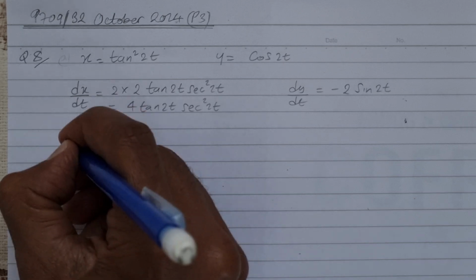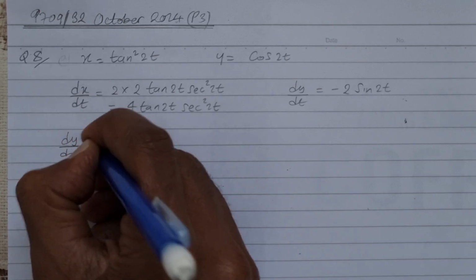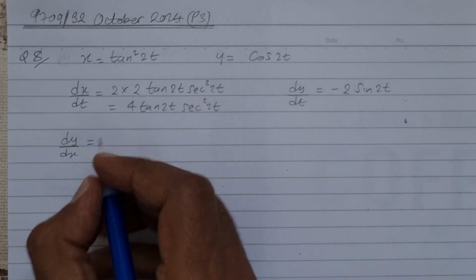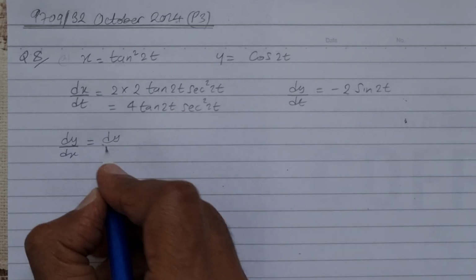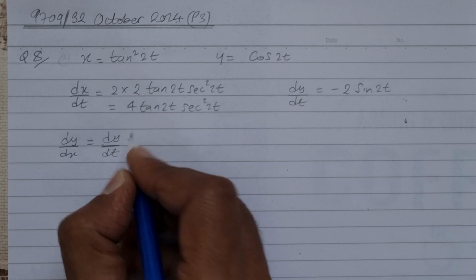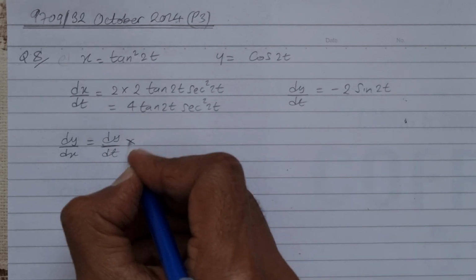Now, of course, dy by dx is equal to dy by dt times dt over dx.